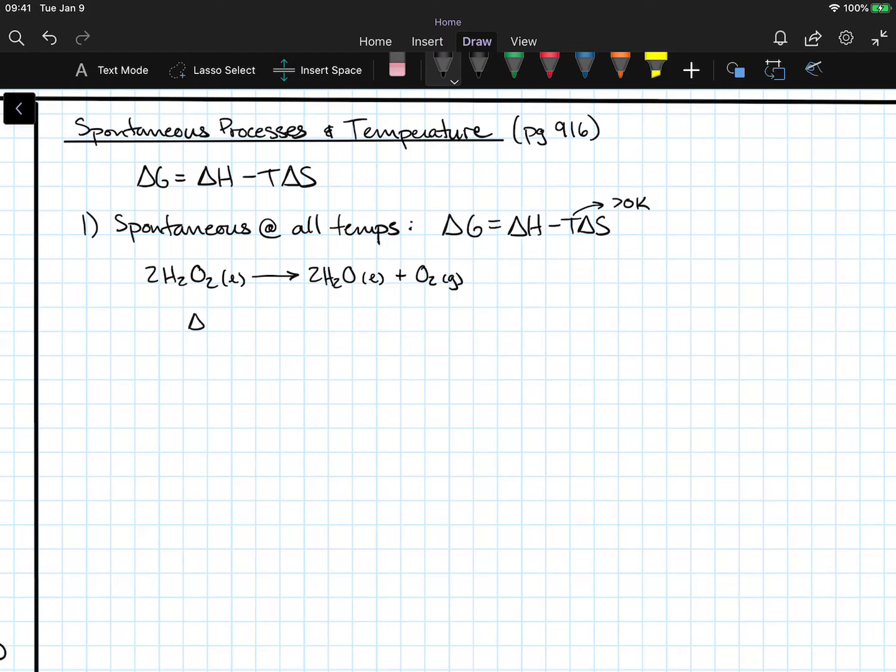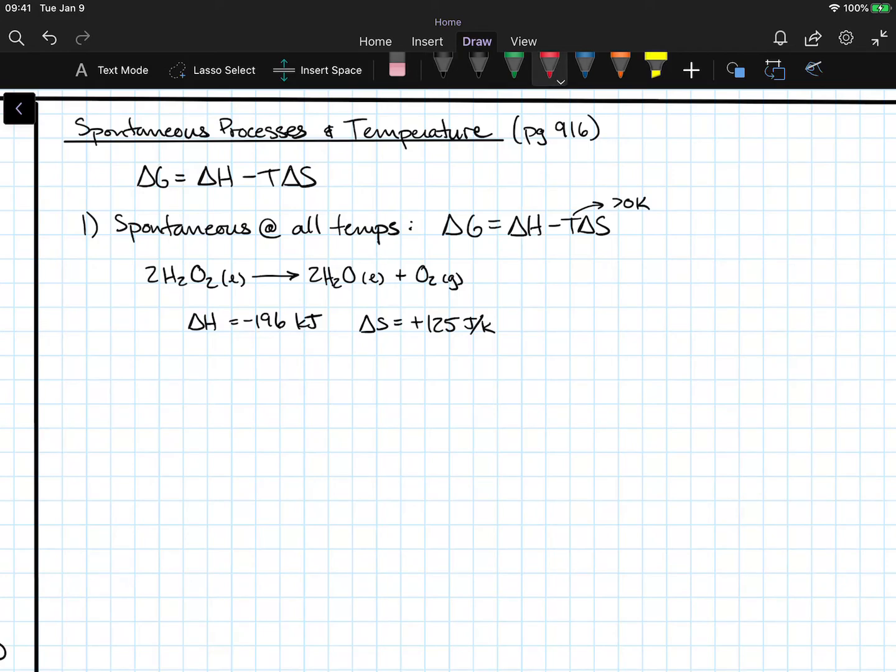The enthalpy change of this reaction is negative 196, so it's exothermic, gives off heat, and the entropy change is a positive 125 joules per Kelvin. It's gaining entropy because it's making a mole of gas from a mole of liquid, and it's exothermic because we're breaking some bonds and forming less energetic bonds, so it's giving off some of that heat to the universe.